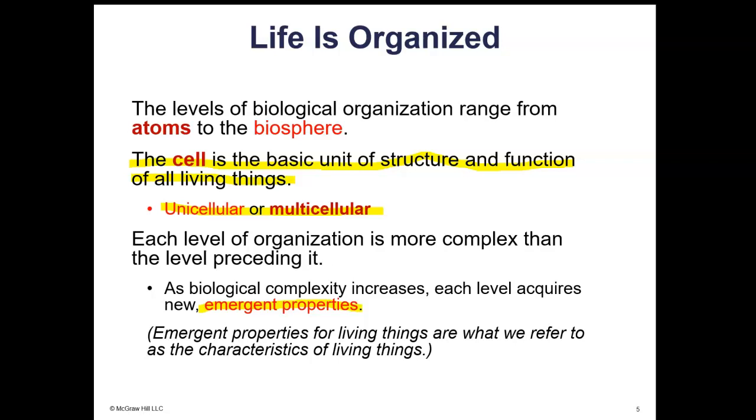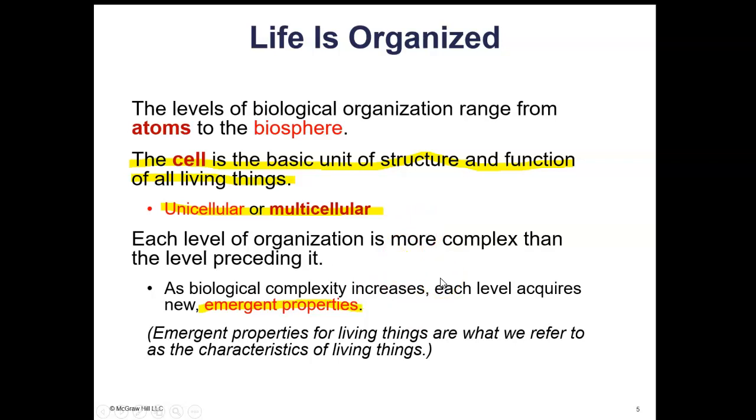Whereas a bacterium or a protozoan, like we would find in pond water, like the paramecium we saw on the previous slide, those are unicellular organisms. Regardless, the cell is the basic unit of structure and function of all living things. So, living things are organized.